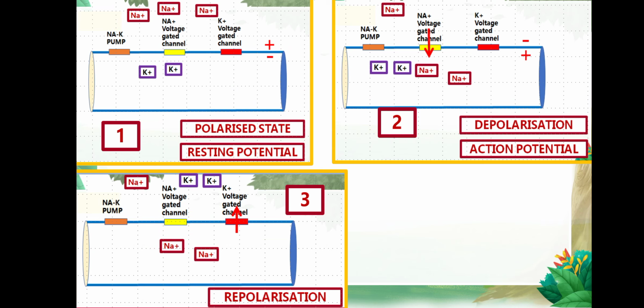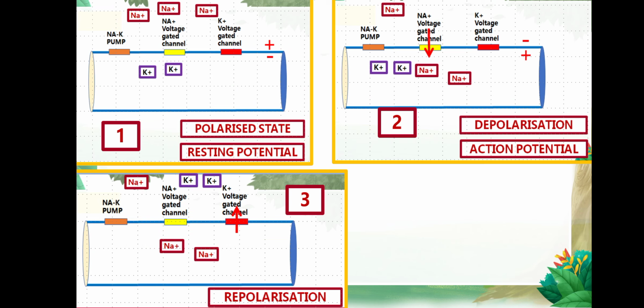Now the sodium has come inside, and after depolarization, repolarization takes place. In repolarization, the potassium voltage gated channel senses the positive charge inside the axon membrane, and the voltage gate opens, and the potassium diffuses out of the cell.